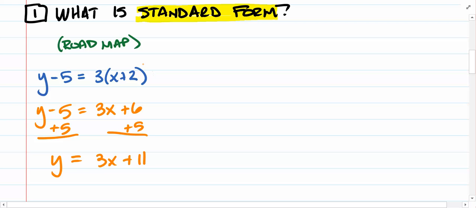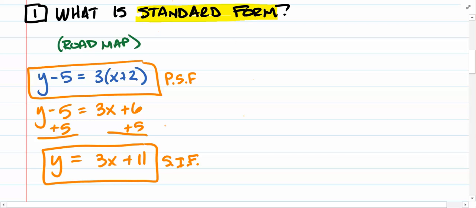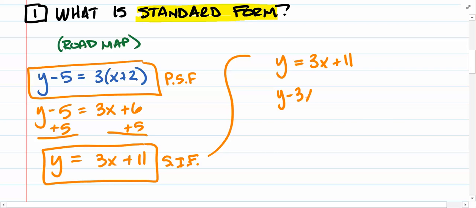So now this equation that we started with is in point-slope form. This equation that we have now transformed it to is slope-intercept form. Then if I take this and I move all the variables to one side, such as this, if I took y equals 3x plus 11, and then I subtracted the x, I would get y minus 3x.